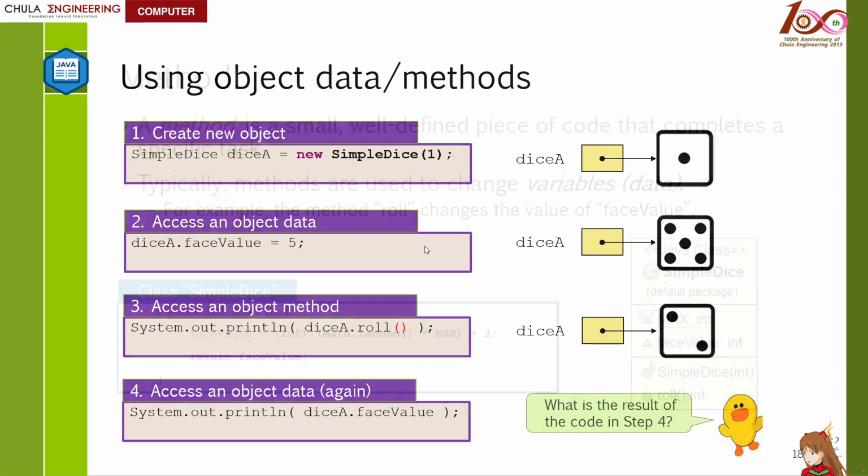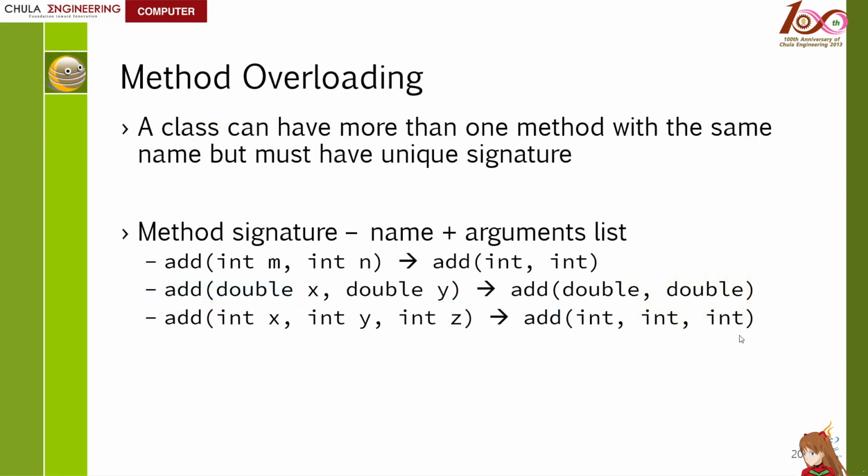Alright, before I actually cover the constructor, I want to mention one more thing. It's method overloading. In Java and in similar languages, when you write methods, you can have methods with the same name.